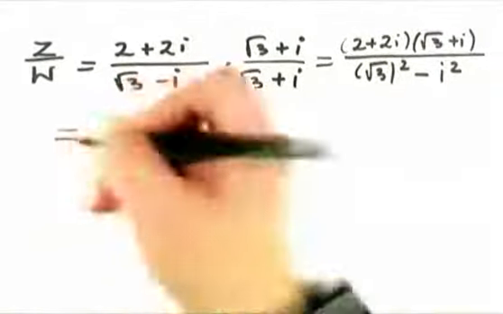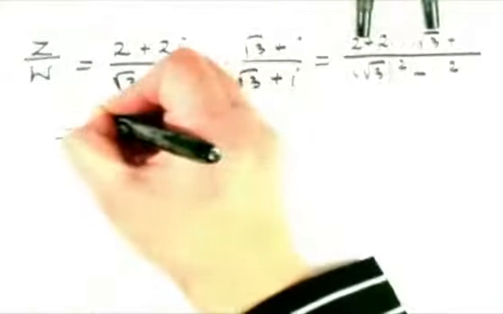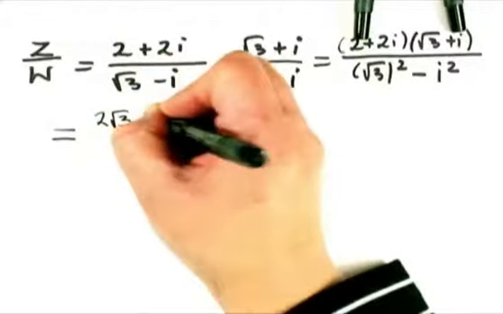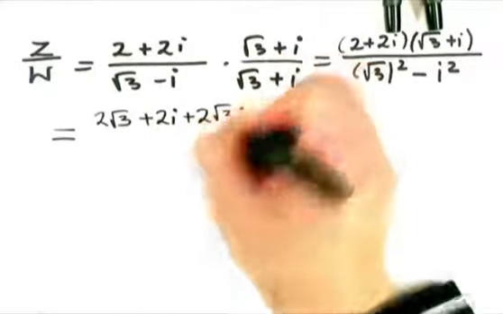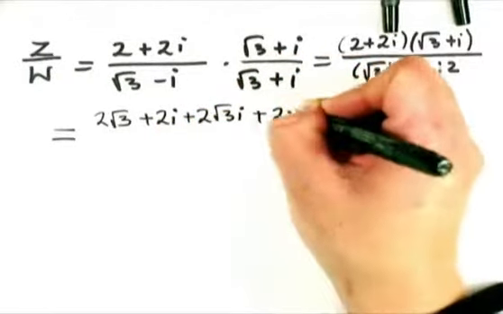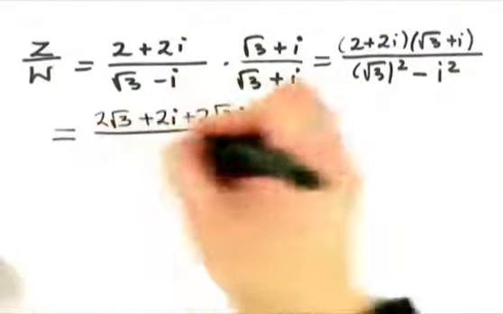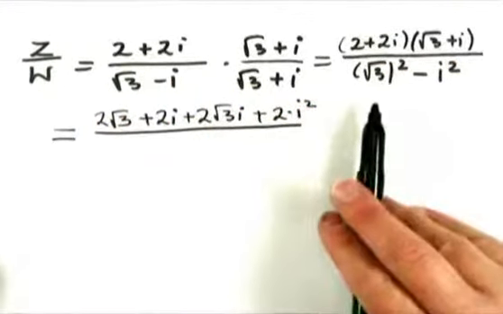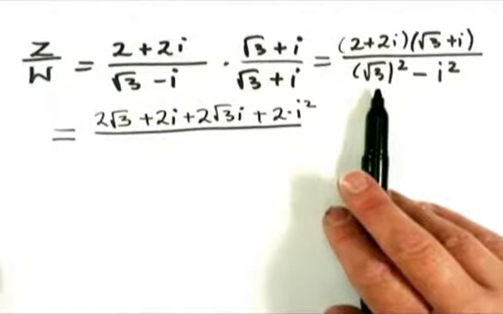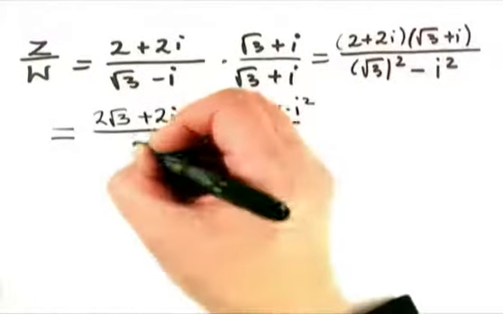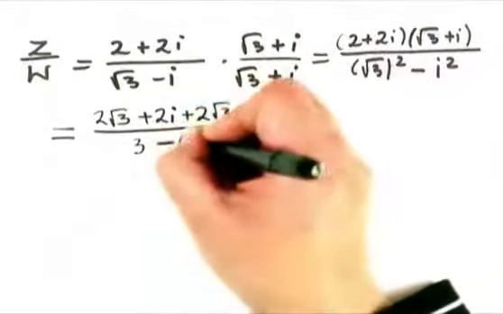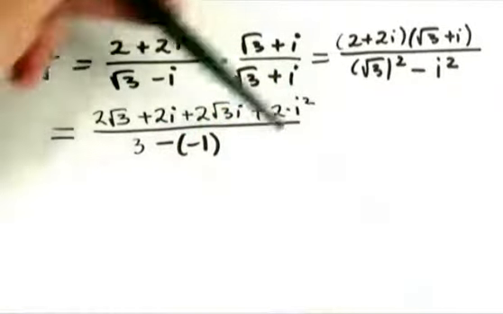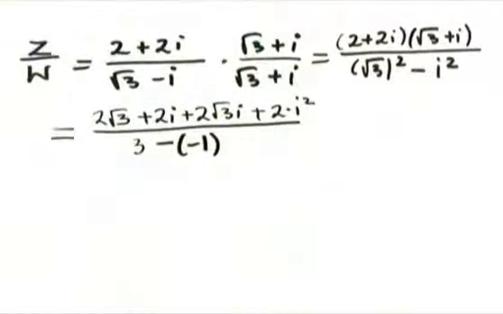On top we're going to FOIL it, so we have 2 root 3 plus 2i plus 2 root 3i plus 2 times i squared, all over, and on the bottom we have root 3 squared, square root and square cancel out, we have 3, and i squared is -1, so I have minus -1.